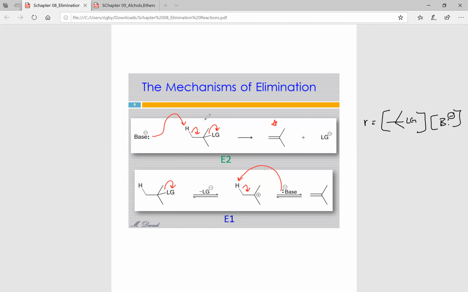And this is because it is one step, so all the reactants are already over here. On the other hand, for E1, we can see we have two steps. We have to find the slow step. And again, the slow step is going to be this first step here, which is making the carbocation. So our rate is only the concentration of our alkyl halide. Okay? So that's the main difference between E1 and E2.